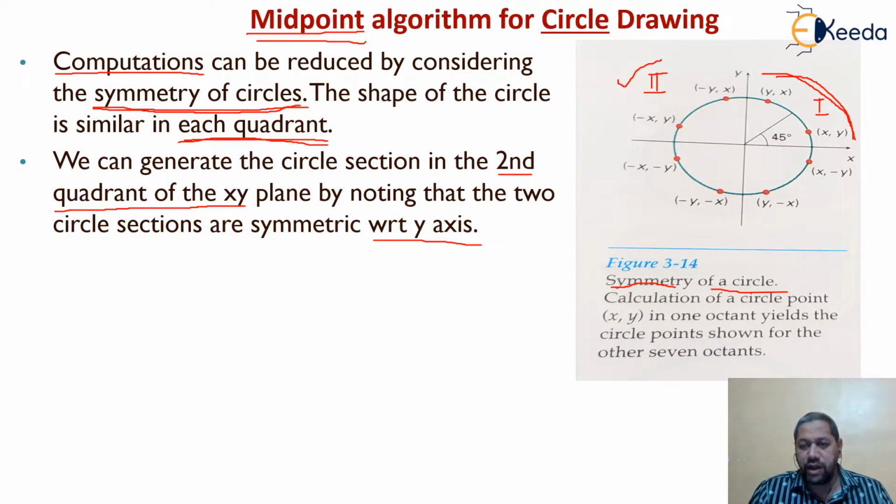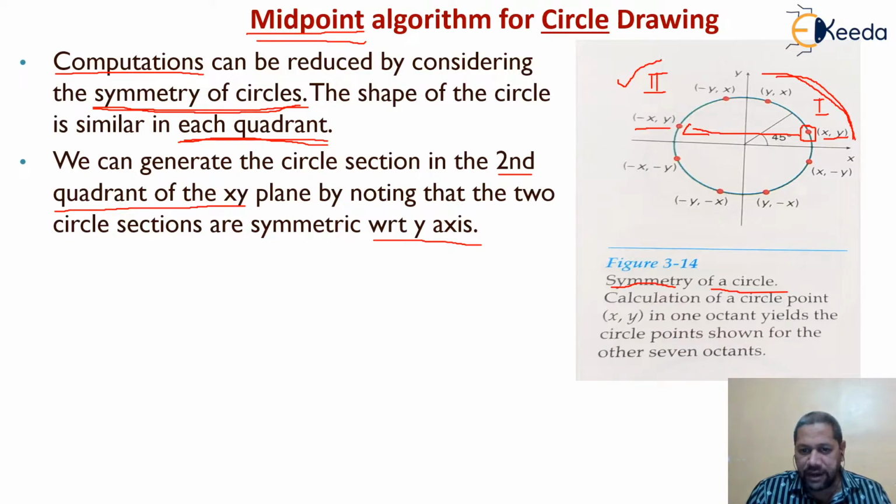Reflection means, suppose I have got one point on the path of the circle as x comma y. If I get the point x comma y, I will get the reflection of this point over here, and in this case only the x value will be negative.